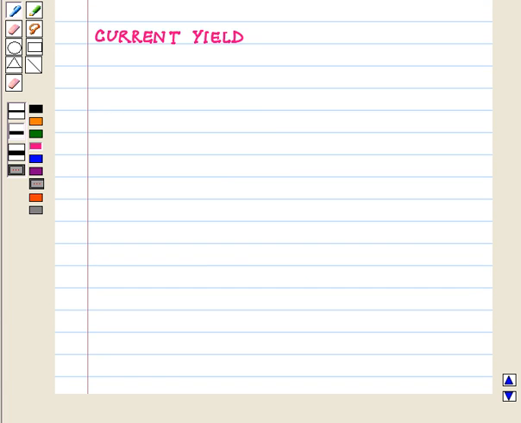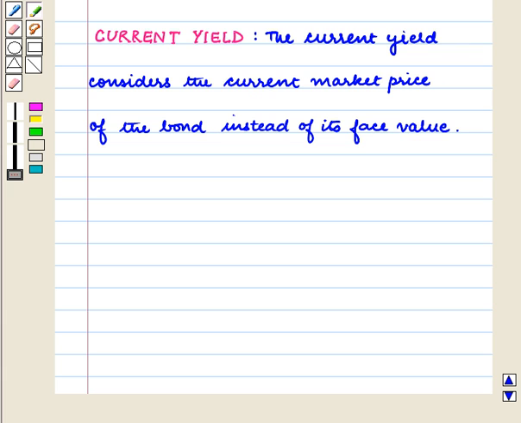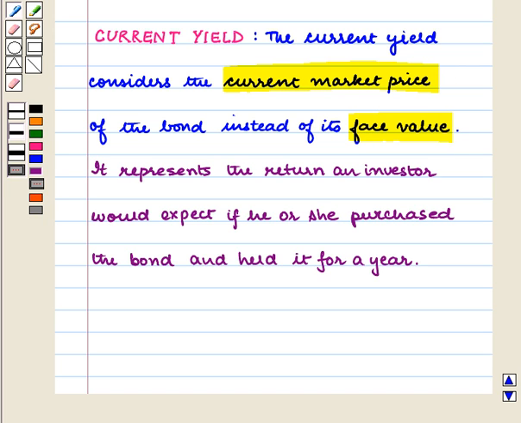Now let us discuss current yield. The current yield considers the current market price of the bond instead of its face value. It represents the return an investor would expect if he or she purchased the bond and held it for a year.